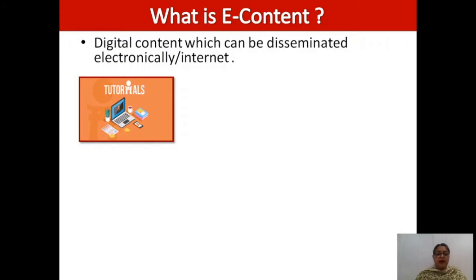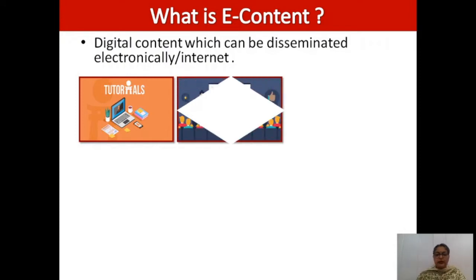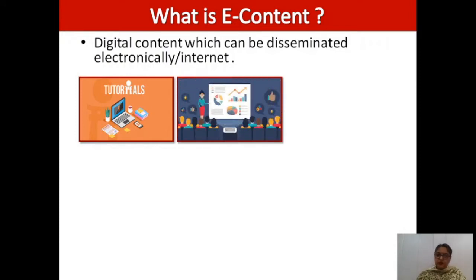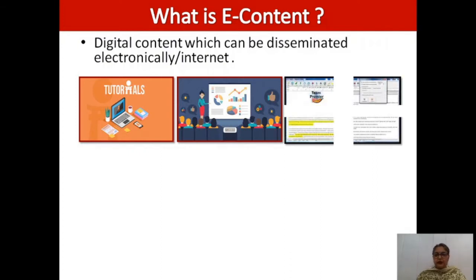The web pages can have a mix of text, audio, video, etc. Then we have PowerPoint presentation. This is another type of e-content. Next in the list is e-text, the notes that you have created for your students in the form of PDF or in the form of e-notes.